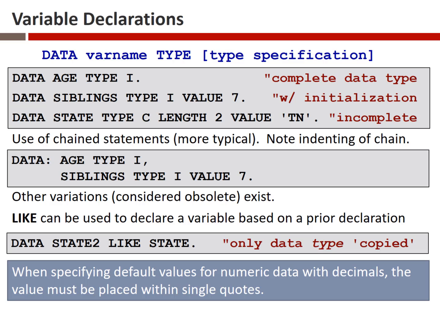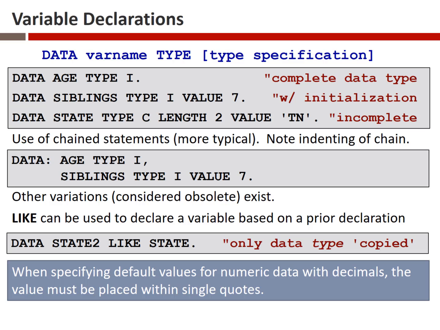Now, I'm going to show you, as we continue here, more about how to work with the length specifier for incomplete data types. But it is important to realize that if I leave off the length specifier for an incomplete data type, I am not going to get a syntax error, but I will have just created a logic error in my program, because every incomplete data type has a default length.